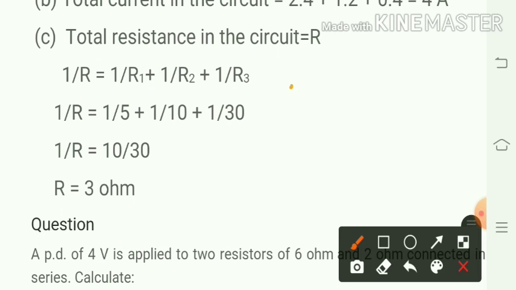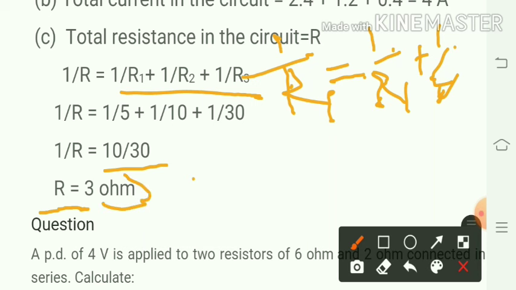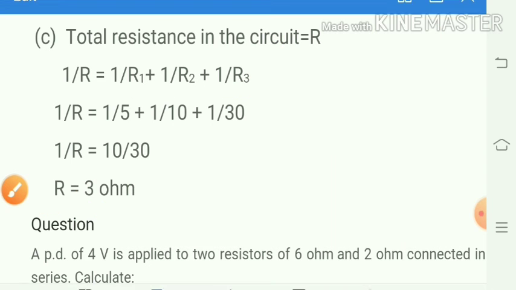Therefore, the resultant resistance is 1 upon Rp equal to 1 upon R1 plus 1 upon R2 plus 1 upon R3. From this formula, we get 1 upon Rp is equal to 10 by 30 and hence Rp becomes equal to 30 by 10. By taking its reciprocal, we get the value of resultant resistance in parallel combination, that is 3 ohm.